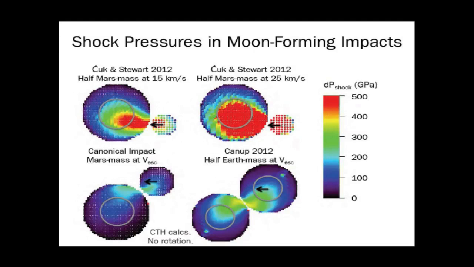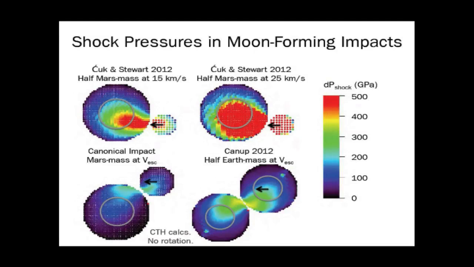So the hotter colors are higher pressures, and I'm contrasting the different moon formation scenarios. These are the fast spinning Earth scenarios with different impact velocities, lots of reds and vaporization in the impact hemisphere. The canonical impact coming in at escape velocity with a Mars-sized impactor is comparatively a low energy event. And 2 half-Earths is something intermediate.